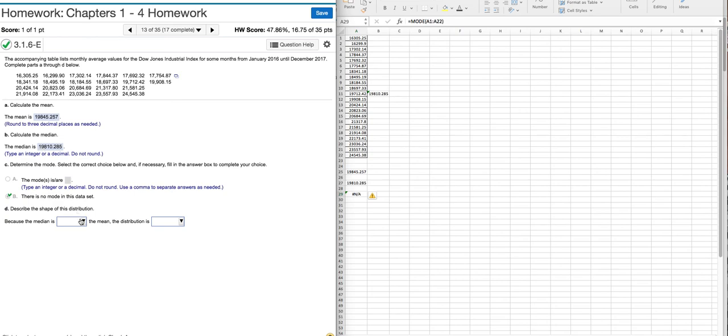It's not going to allow us to say that they are symmetrical. In this case, we technically have a mean that is greater than the median. So we would say here, because the median is less than the mean, we have to say that it is technically right skewed.